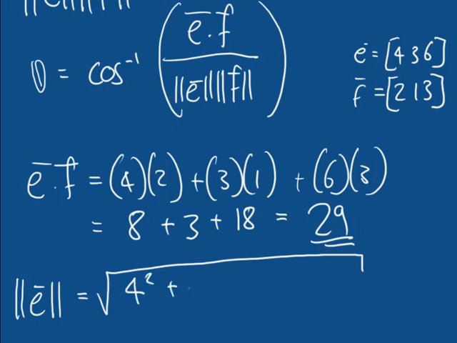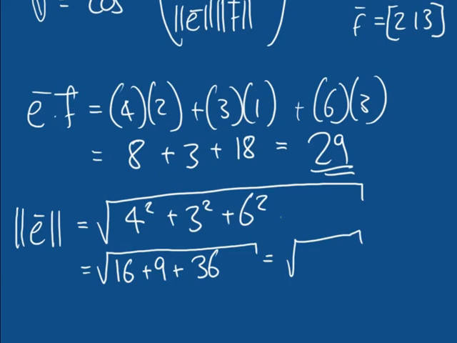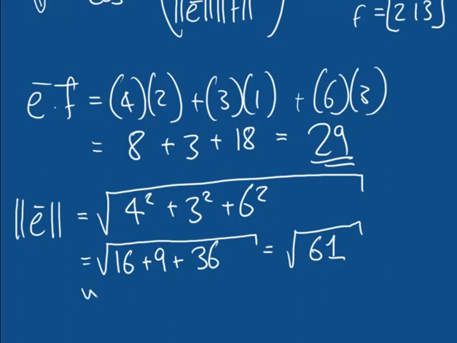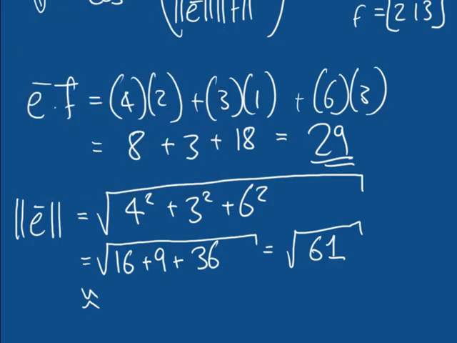So 4 squared plus 3 squared plus 6 squared, which is equal to the square root of 16 plus 9 plus 36, which is equal to the square root of 25 plus 36, which is the square root of 61, which is approximately equal to, if we bring a calculator up, 7.8102.